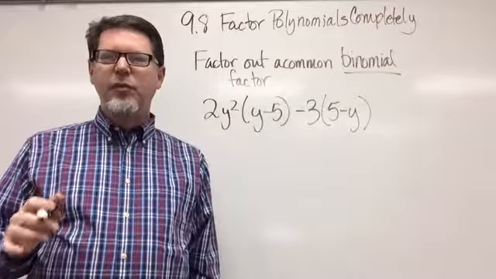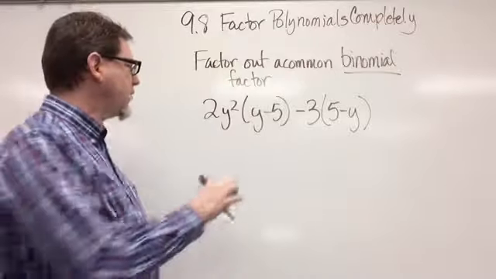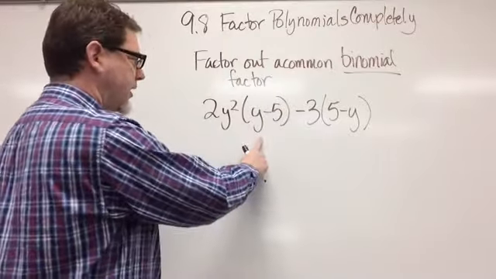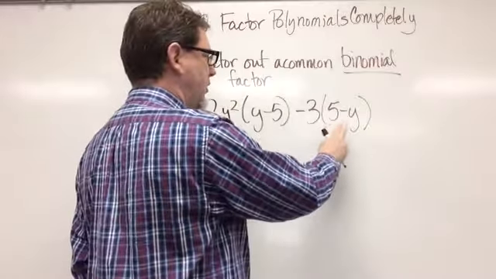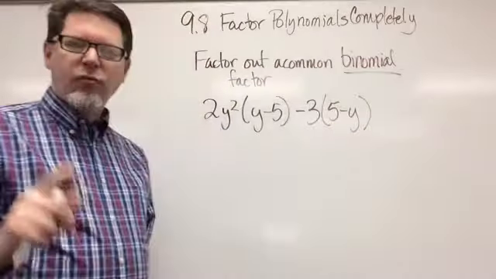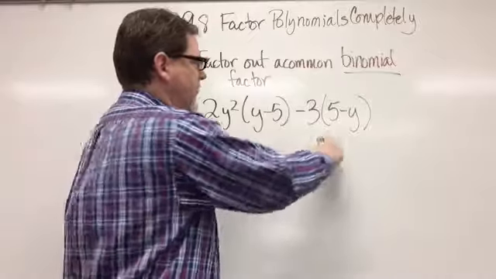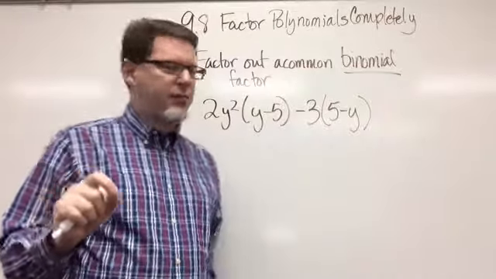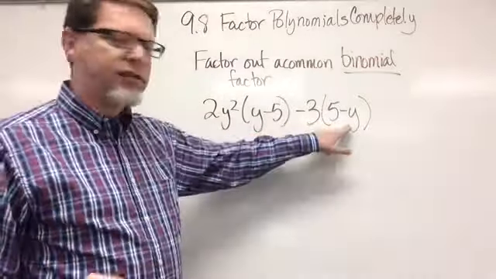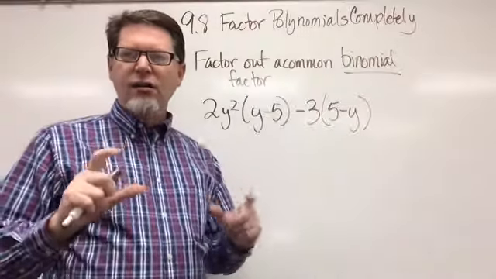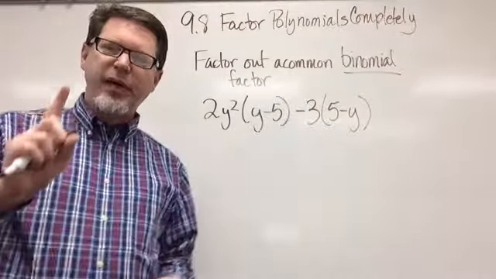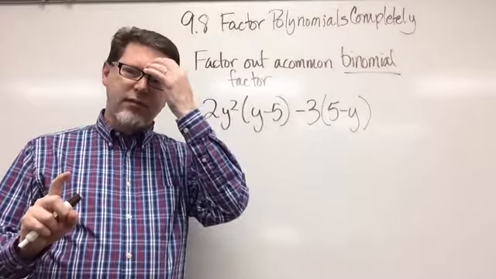And here's the last sample problem in this section. I have 2y squared times the quantity of y minus 5 minus 3 times the quantity of 5 minus y. Well, unfortunately, y minus 5 and 5 minus y are not the same. In this one, 5 is negative, and in this one, the y is negative, so they are not the same. But I can do something to make them the same.